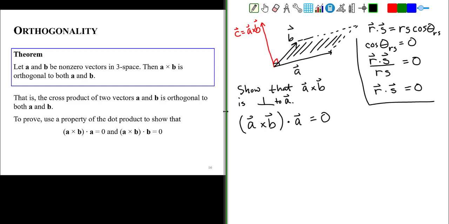To evaluate this, let's write out what the cross product is between vectors A and B. The cross product between vectors A and B is a vector with 3 components.